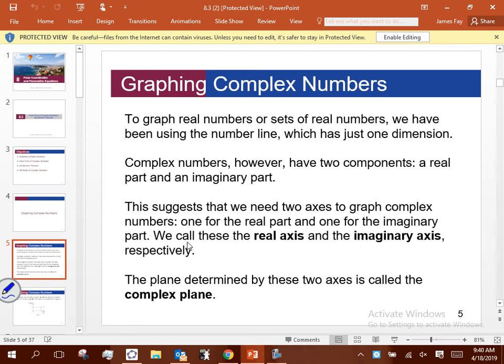Complex numbers provide us a problem because complex numbers have two components in them, right? They have an a, which is a real number, and they have your bi, which is the imaginary number. This format is what's beneficial in fields like electricity, because they talk about resistance and current.